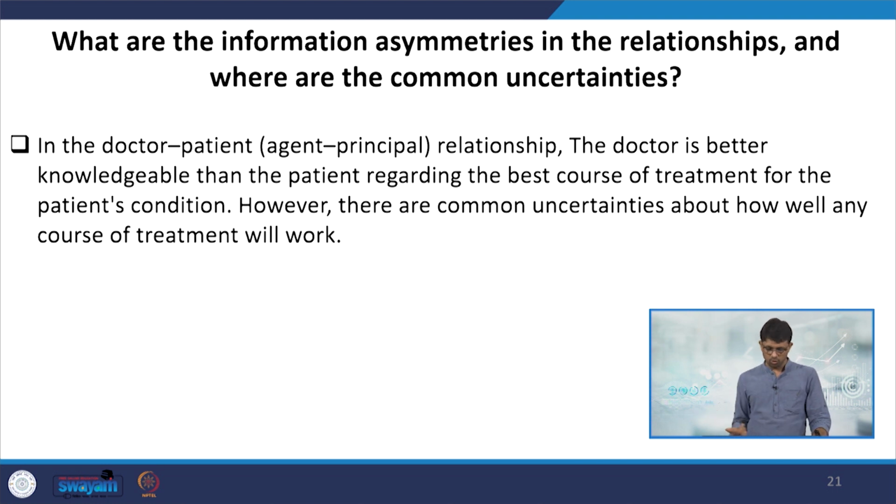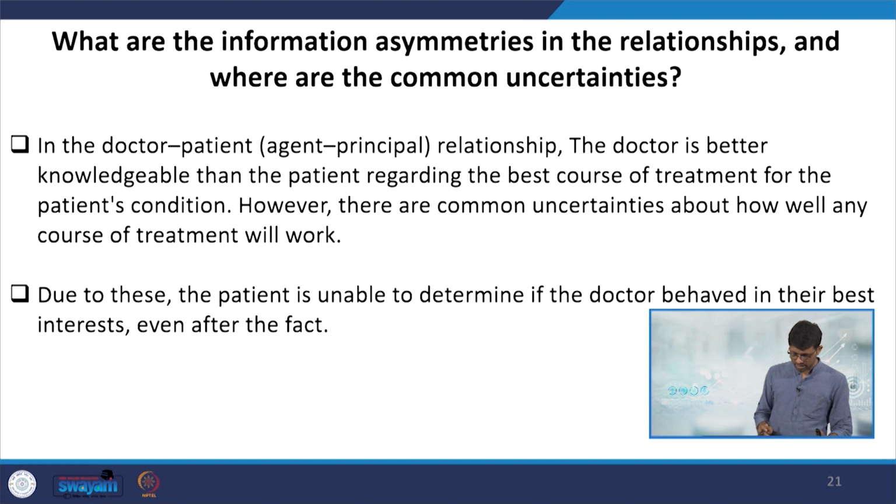Therefore, there will be huge doubts on the system because of uncertainties. So, it is not just the principal-agent problem, it is also coupled with information uncertainties. Due to these, the patient is unable to determine if the doctor behaved in their best interest even after the fact.